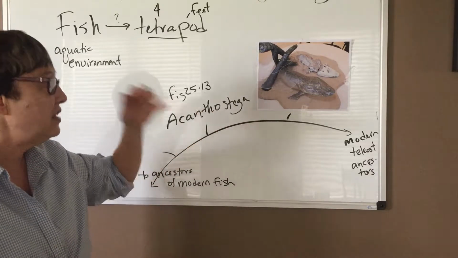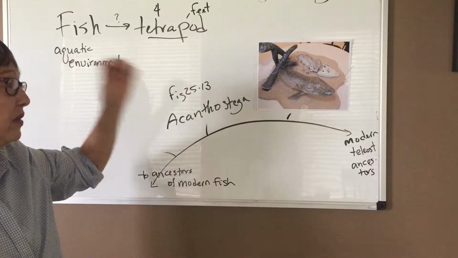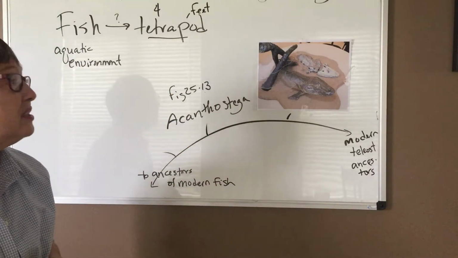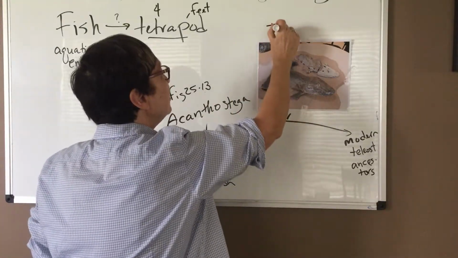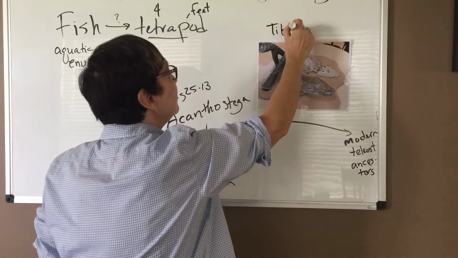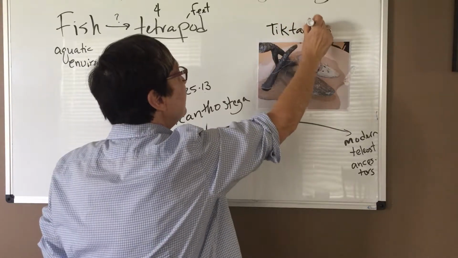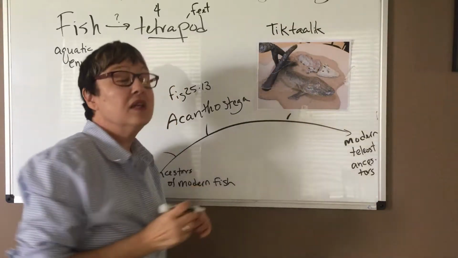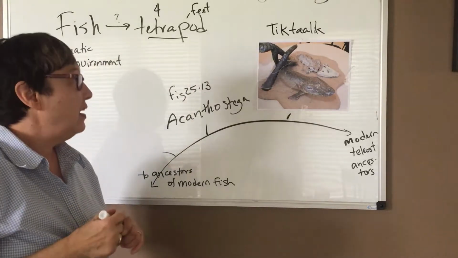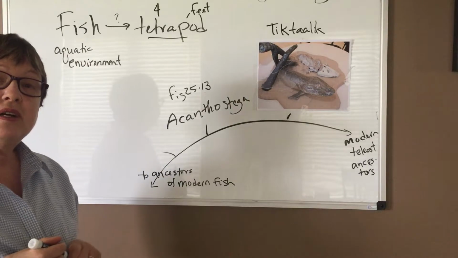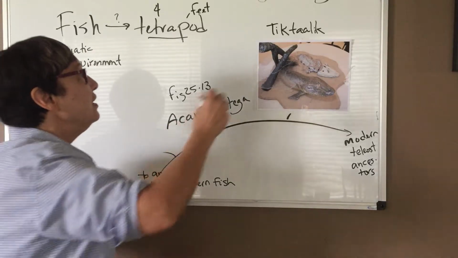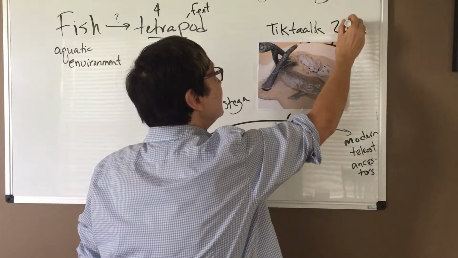Another fossil that's rather famous now, it's a more recent find. This fossil is shown in this illustration, and this guy has been named Tiktaalik. It was found by a group of scientists in 2006.